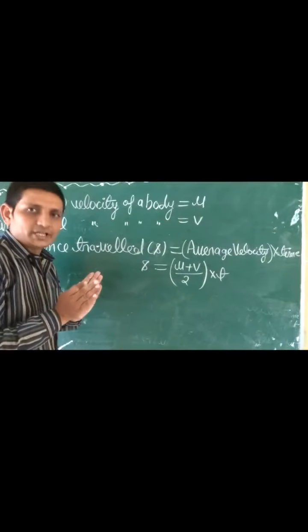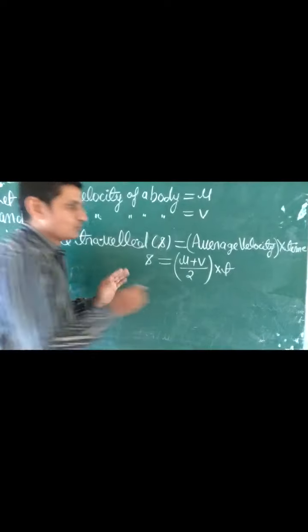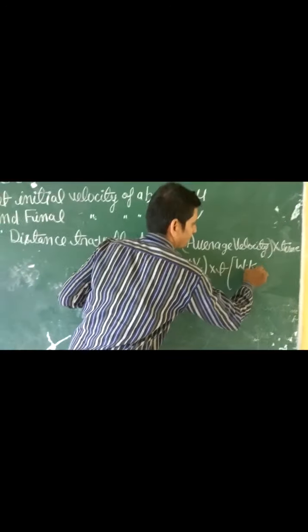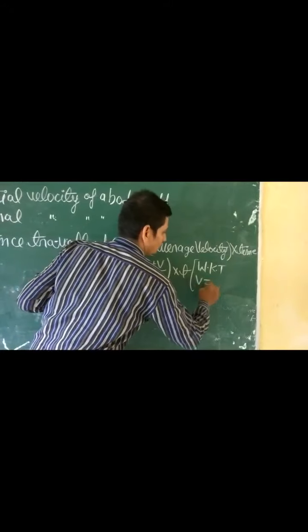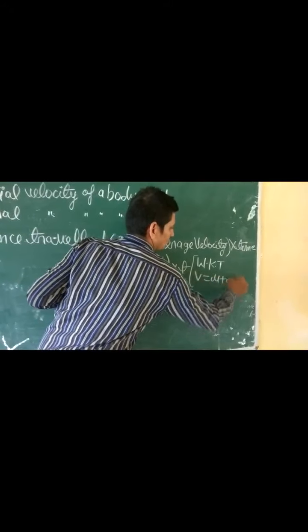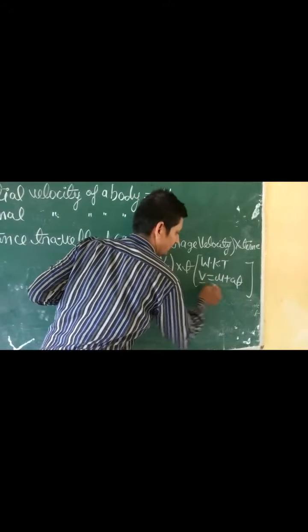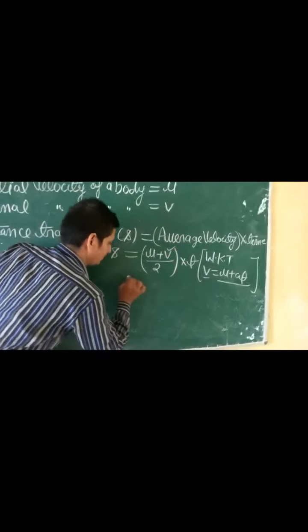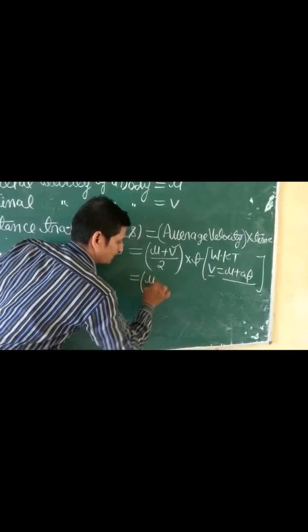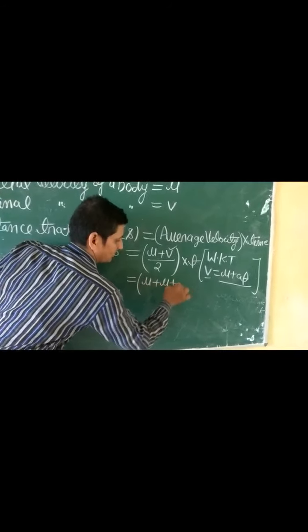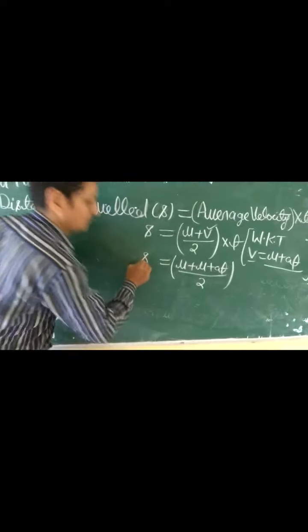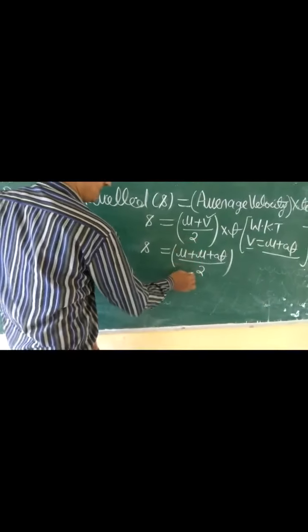Now student, we know from the first equation of motion that v is equal to u plus at. So in the place of v we can write u plus at. So u plus at, divided by 2. Now 2 is in division, so it becomes multiplication here.